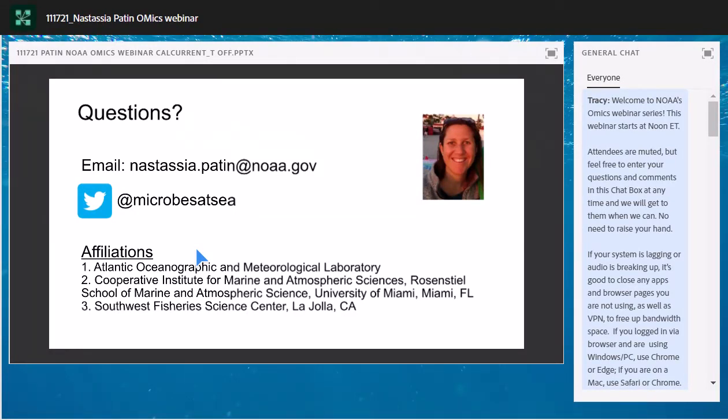It does involve quite a bit of time and effort to run and to maintain a sequencer, and also the technology is always changing, and so you kind of have to stay on top of that. And so we send out our samples to sequencing cores, but there are very commonly available kits both for library preparation and for sequencing. Illumina has really cornered the market, I would say, in terms of these short reads.